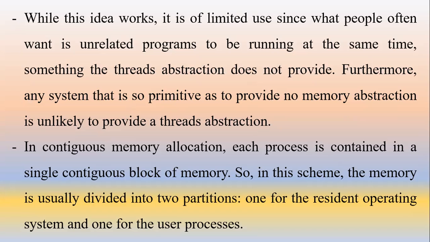In contiguous memory allocation, each process is contained in a single contiguous block of memory. So, in this scheme, the memory is usually divided into two portions, one for the resident operating system and one for the user processes.